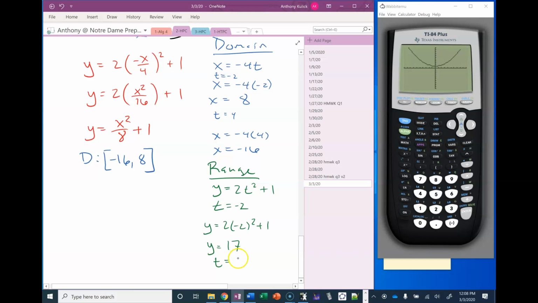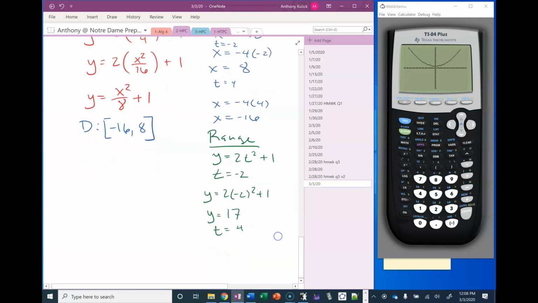And then if I take t equals 4, well, negative 2 squared is 9, yes. Sure. Thank you. And that is 16 times 2, 33, right? Everybody's okay here? Is this right?